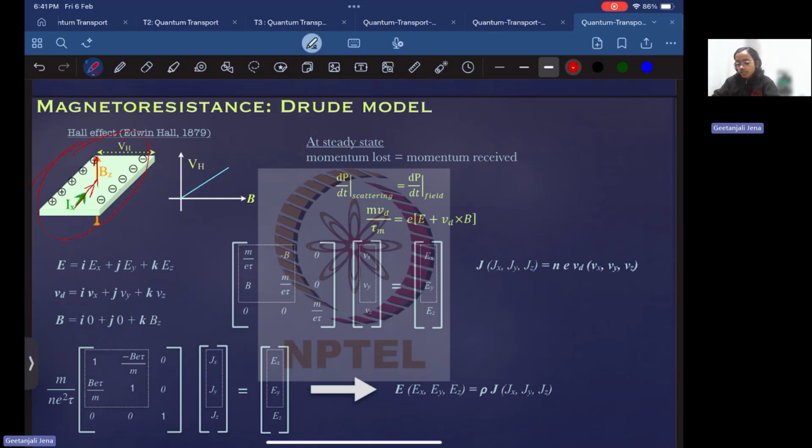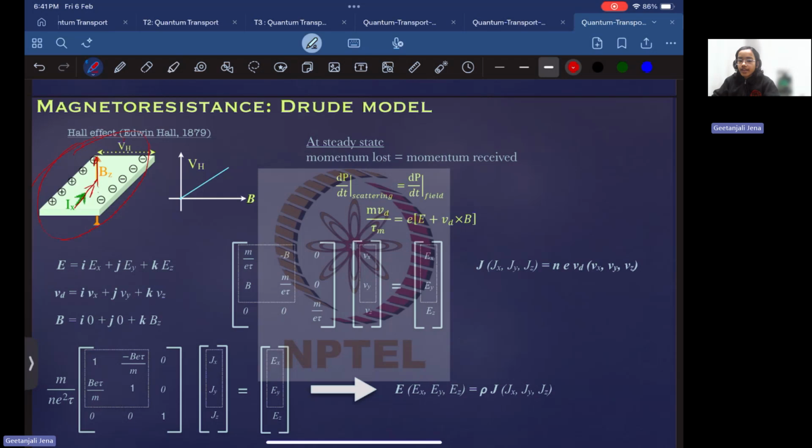Because of this transverse magnetic field, the charge carriers will experience a Lorentz force, in addition to the force because of the electrostatic potential, the battery that we are using, or any type of driving force which drives this electrical current.